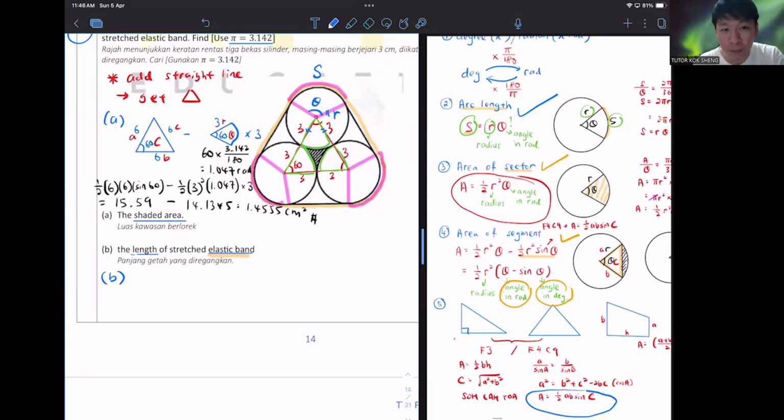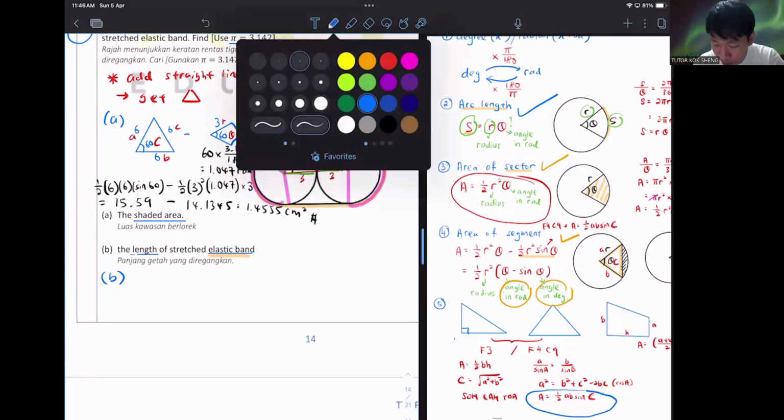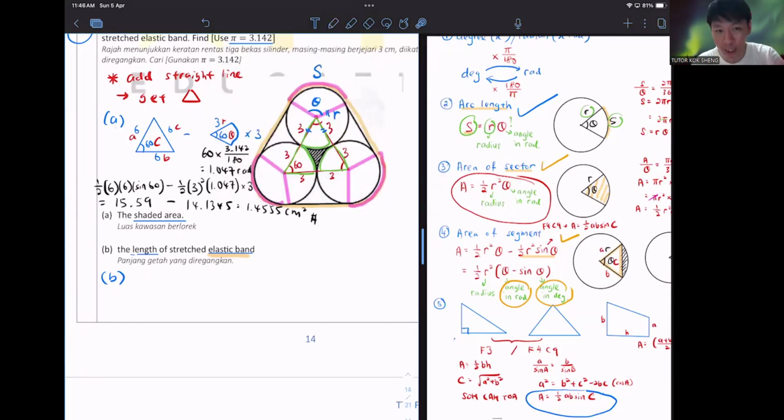This part, how to find it? Very simple also. Do you see that after I draw the arc length and a straight line, this part, or even the other two, is the same? Actually, this line, what do you call this? These two, we call it a tangent to the circle.